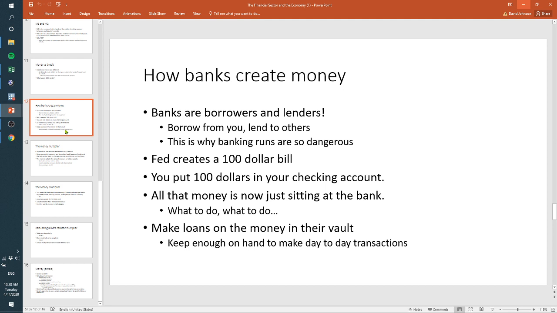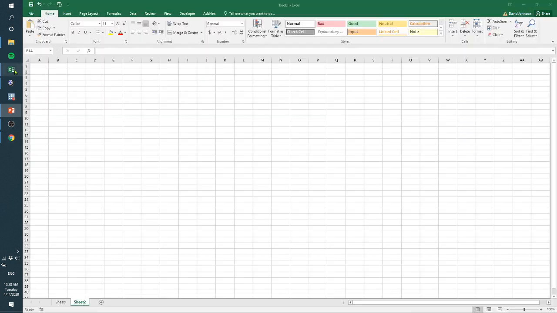Now, what's interesting is that the amount of money that's created through this process isn't infinite, and it depends on something called the reserve requirement. We're going to go into what the reserve requirement is in detail later on, but let's just write this term down. The reserve requirement.